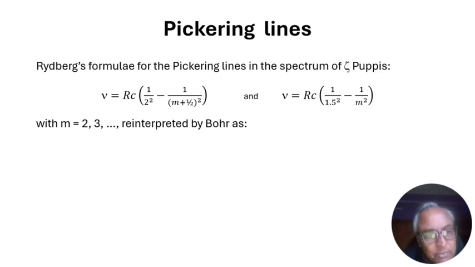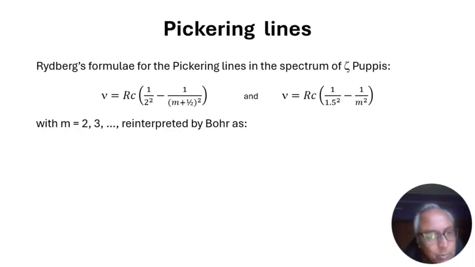Rydberg accounted for these lines with the formula nu equal to Rc times (1 upon 2 squared minus 1 upon (m plus half) squared), and nu equals Rc times (1 upon 1.5 squared minus 1 upon m squared), with m equal to 2, 3, etc.